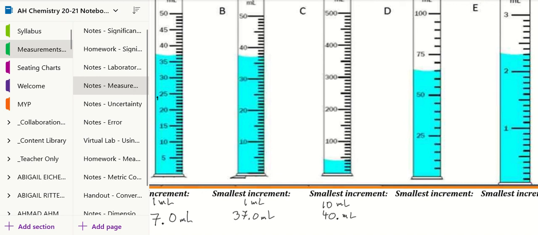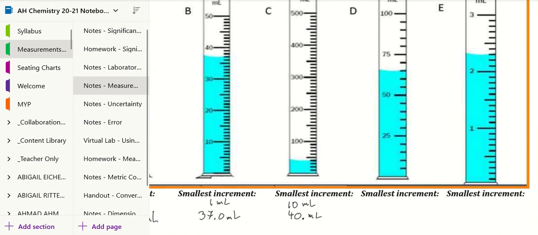So did everyone have 40? Did anyone have 41? Is 41 acceptable? Yes. Your estimated digit is in the ones place. 39 would be acceptable. On D, what's your smallest increment? 5 milliliters. Okay? So, what can we read here? We can read 55, 60, 65.